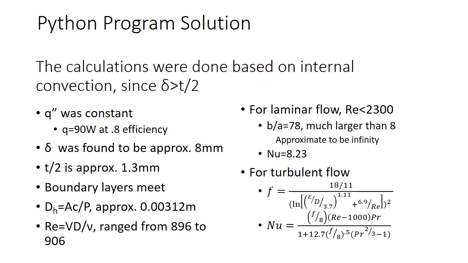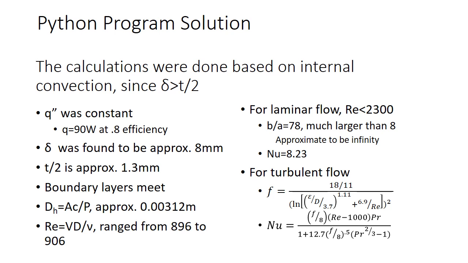In order to use internal convection correlations, the hydraulic diameter was needed since this was not a cylindrical or circular object within the flow of the air. After finding the hydraulic diameter, the Reynolds number was calculated. In order to understand whether this was laminar or turbulent flow, the Reynolds number was compared to a value of 2300.